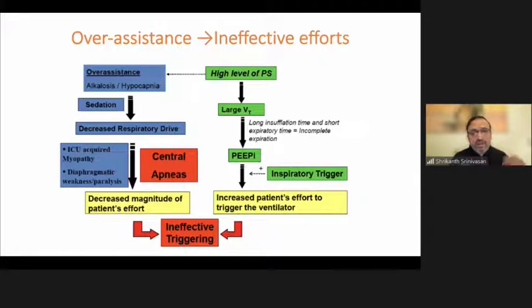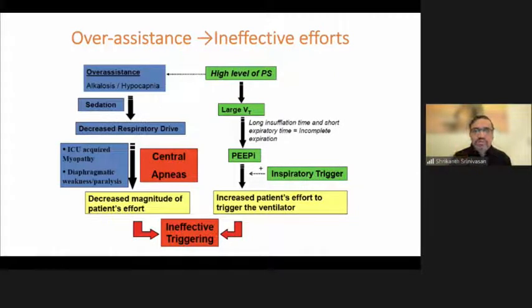Excessive flattening leads to long-term diaphragmatic weakness and paralysis. An excessive amount of sedation will lead to myopathies, central apnea, decreased magnitude of effort, and ineffective triggering. A large level of PS will also lead to large tidal volume, a very long insufflation time, very small expiratory time, incomplete expiration, and in patients with COPD, increased auto PEEP.